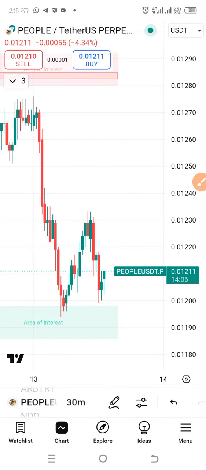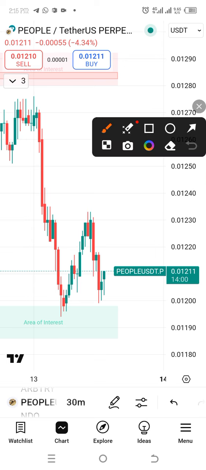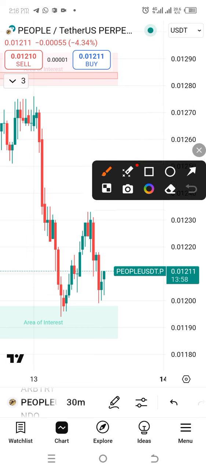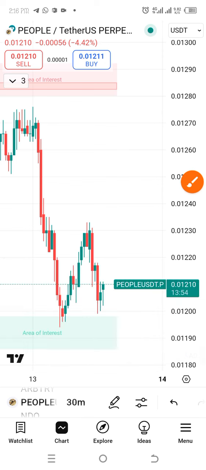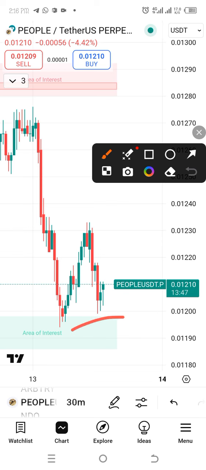Let's assume I found opportunities in this coin, which is PEOPLE. Let's assume I see the market here, and the market is still on the support level.